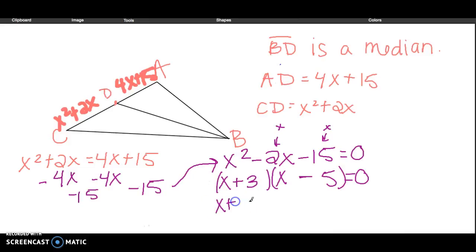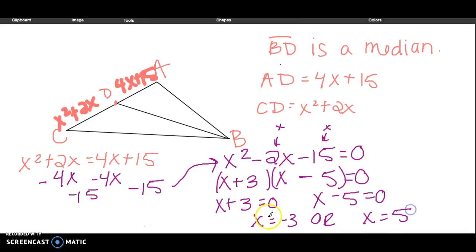So I'm going to have x plus 3 equals 0. And I'm going to have x minus 5 equals 0. And when you solve each of those, you get x equals negative 3 or x equals positive 5. So those are both good answers.